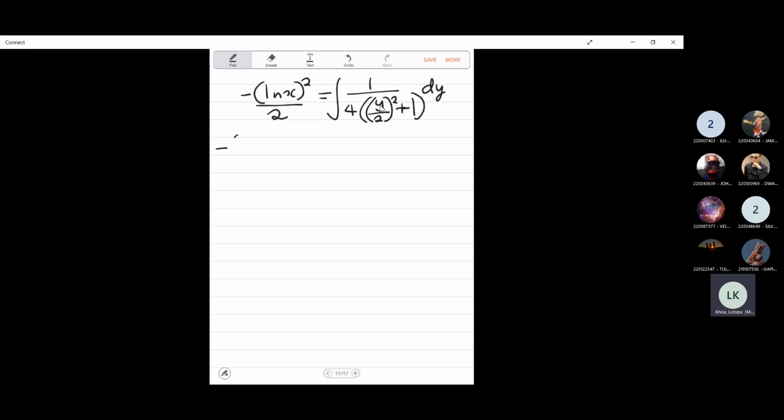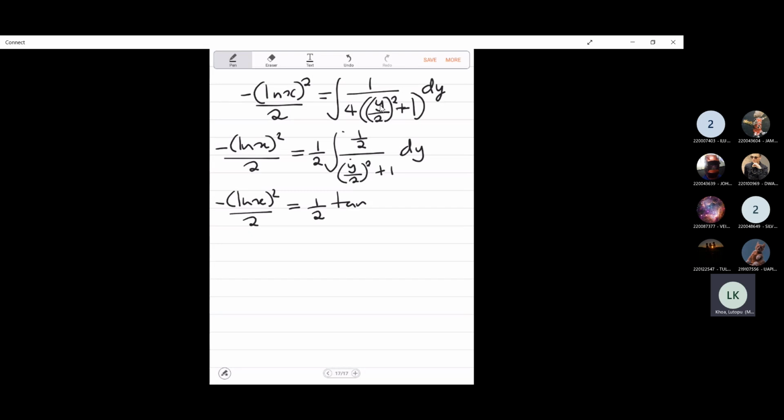So minus ln of x squared over 2 is equal to a half integral of 1 over y over 2 squared plus 1 dy. So minus ln of x squared over 2 is equal to a half tan inverse of y over 2 plus my constant c.